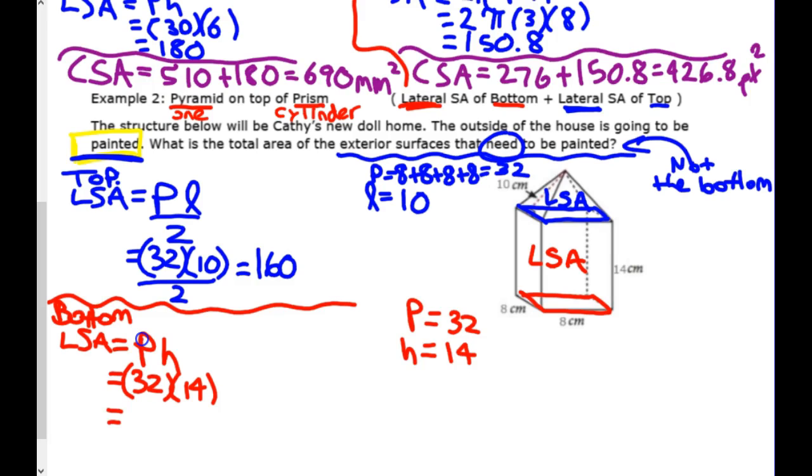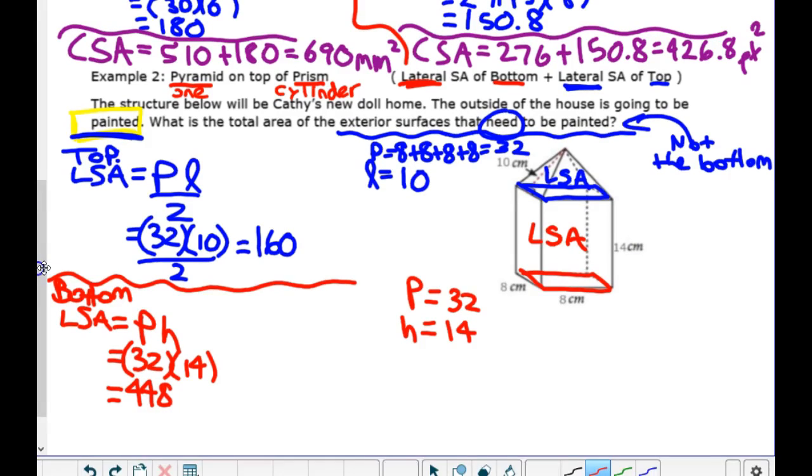And we get 448. Can we corroborate that? You know what that word means? Like double check. Who else gets the same thing? Okay, so 448. Cool. Are we done?